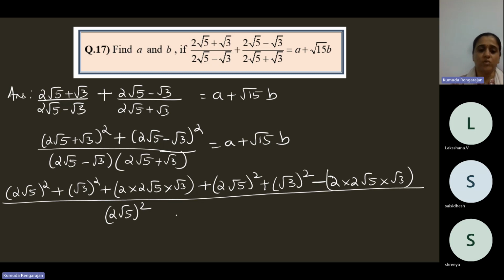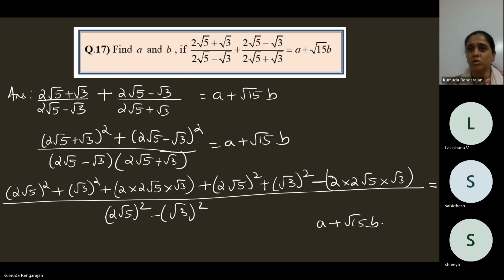Two root 5 the whole squared minus, is equal to, you need to write, continue, is equal to what? A plus root 15b. Don't write it below. I don't have space there, so I'm writing it here. Continue the same line, is equal to a plus root 15b. Write down so far and continue. Now it's only about simplifying.